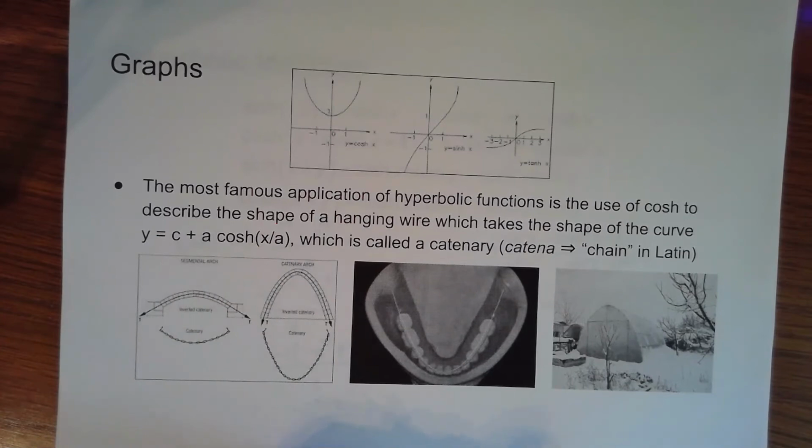Okay, and this is called a catenary curve. Catenary comes from the Latin word catena, which means chain, because it's like a chain hanging from two poles someplace. So you'll see these catenary curves all over the place.